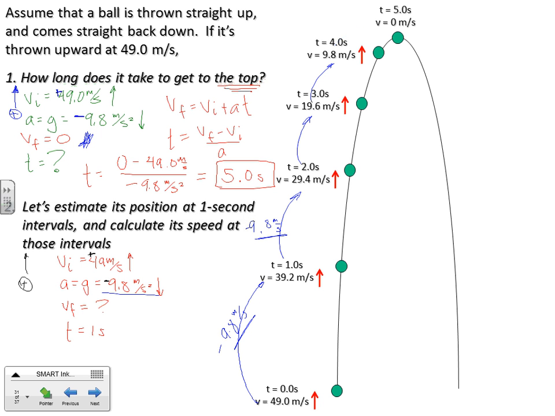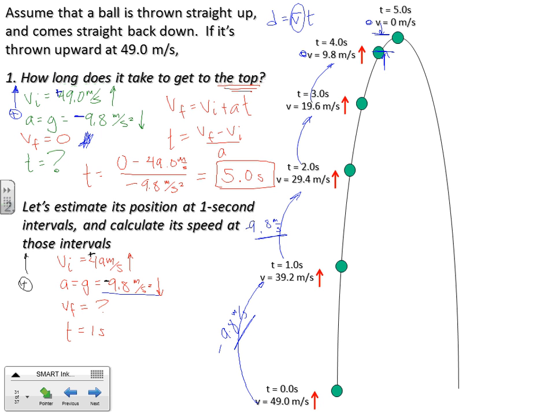Now, bear with me. Listen to this. Remember this equation? Of course you do. It's D equals V average times T. Now, that says that from here to here, this distance depends on the average speed over that 1 second. Well, the average speed is, remember, take one speed, add the other, divide by 2, like finding the average of 2 test scores.